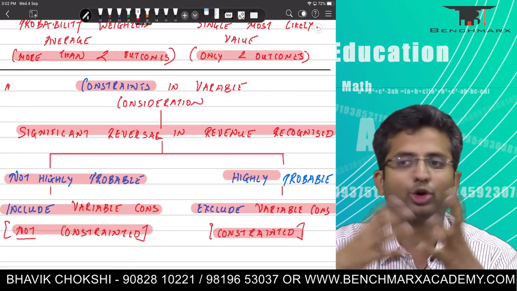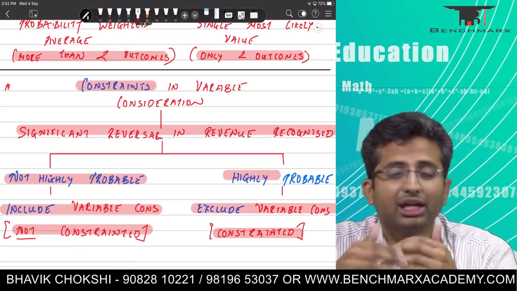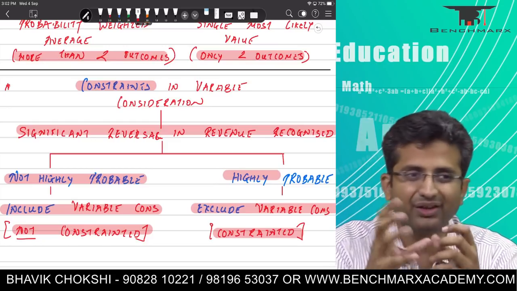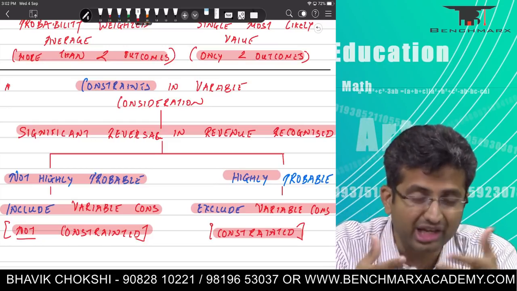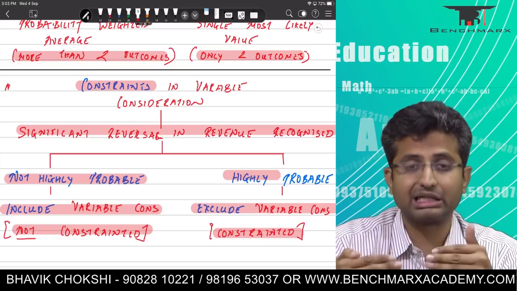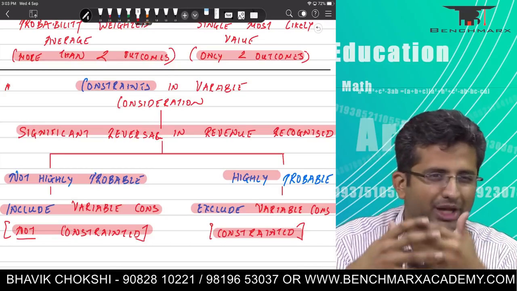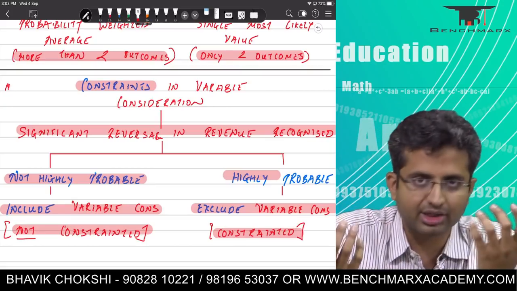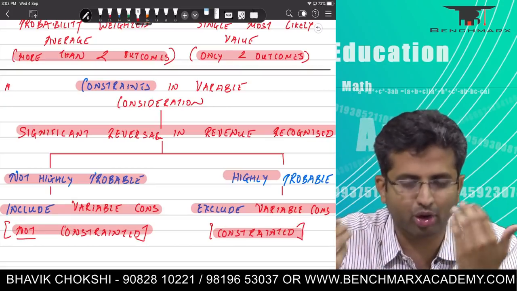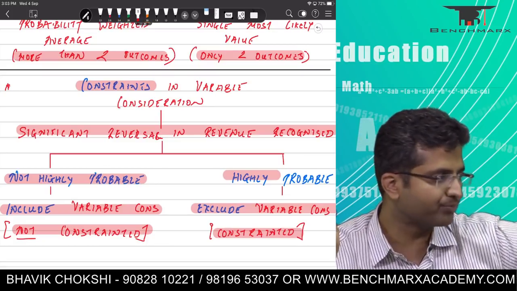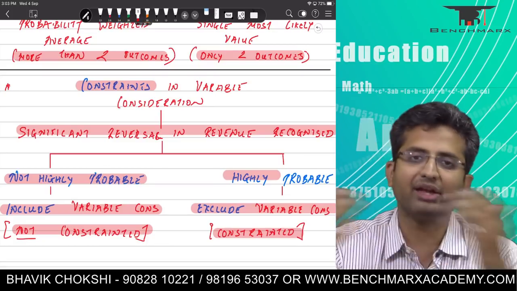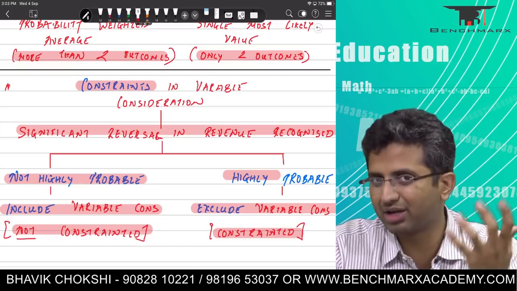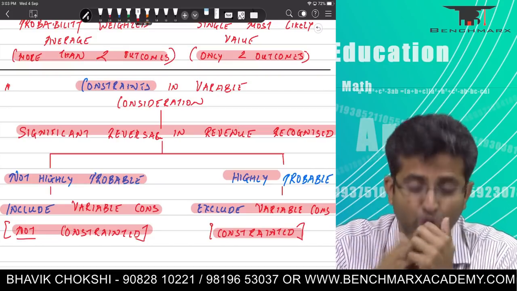Something as basic as your 12th exams versus your CA exams. Let's say a variable consideration was linked to your passing your 12th exam. Based on your experience, you are almost certain that you can recognize revenue. Once you have given the exams, you're sure, even before the results come, that you're going to pass. As a result, we do believe that variable consideration is to be included.